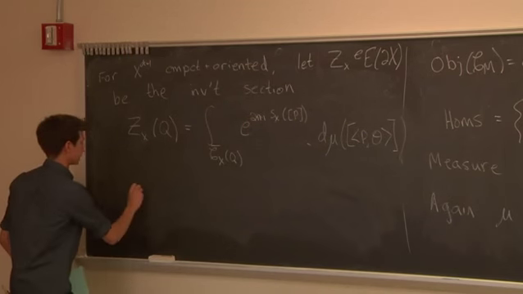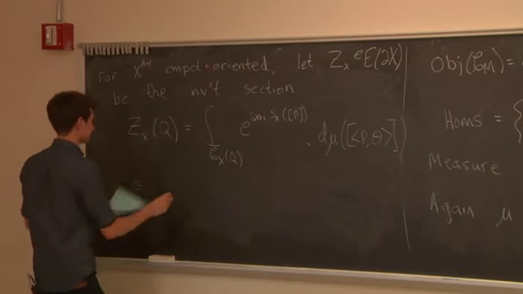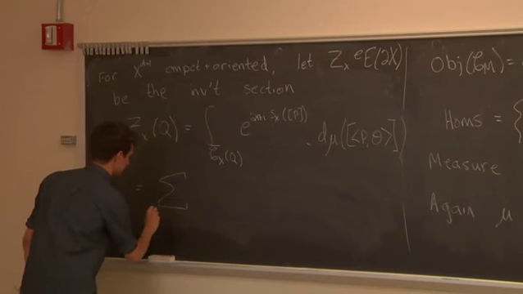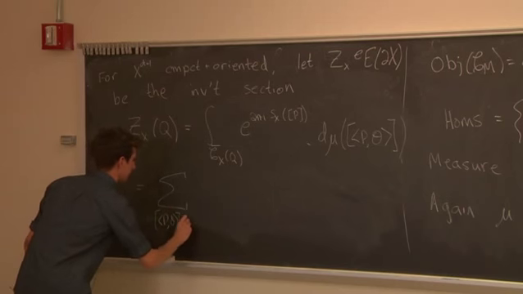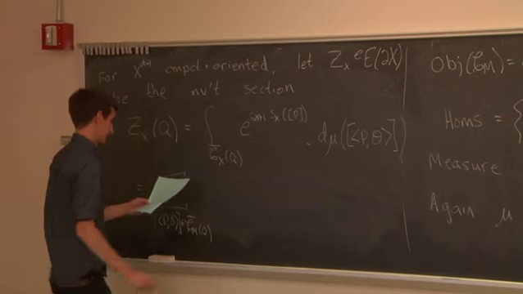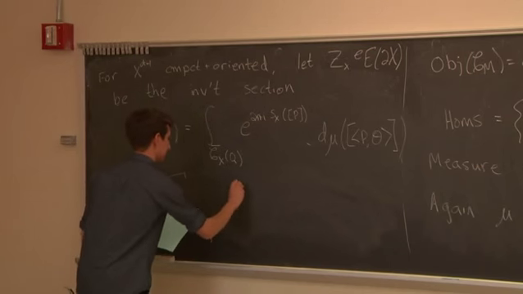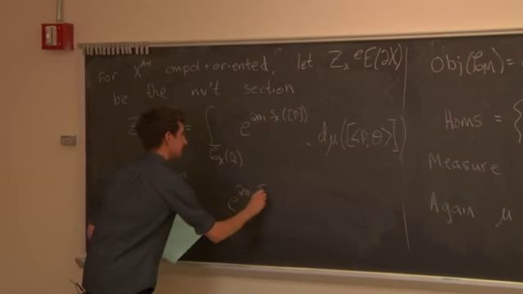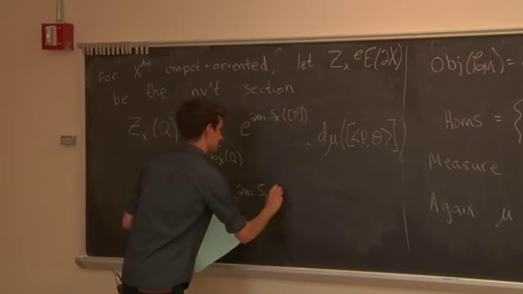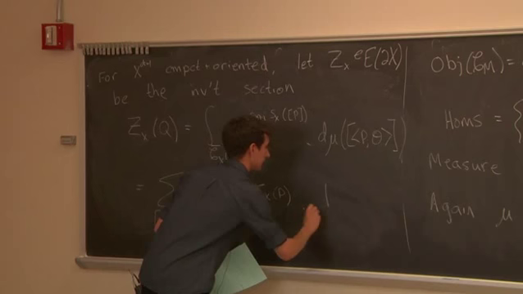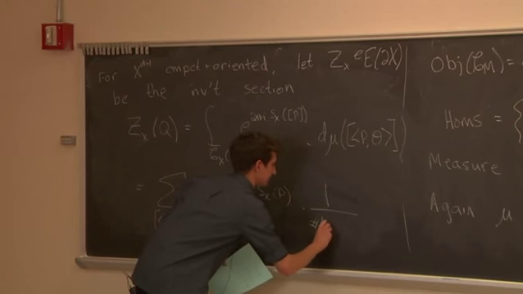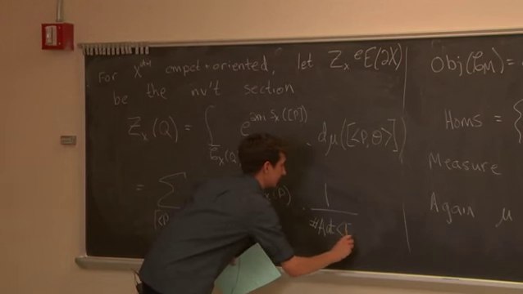Let me write out more concretely what this means. So this is my sum over representatives. And it's e to the 2 pi i of the action functional scaled by the measure.